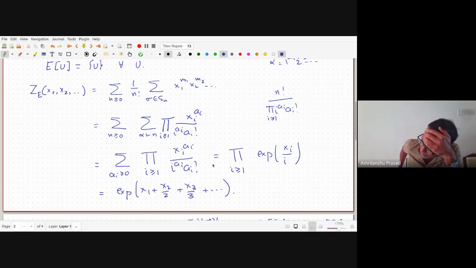Yeah. So the point is that if you look at any monomial, then only finitely many ai's will contribute to it. So that's the answer to your question.